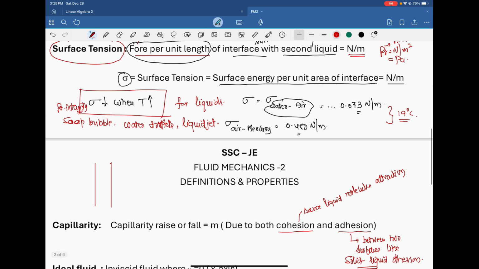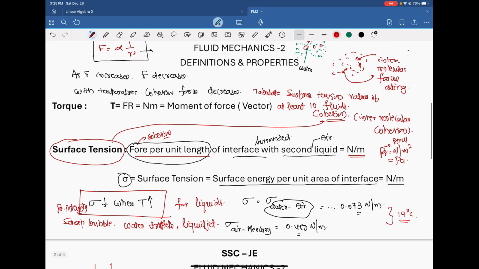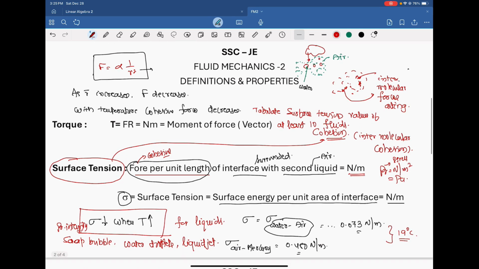And one more thing I have forgotten. The most important example of surface tension is a very good example. This is the water surface in a tank or pool of water.